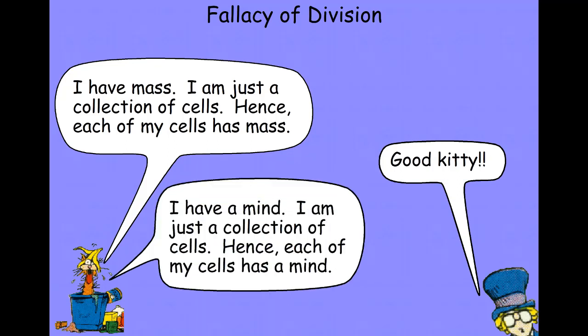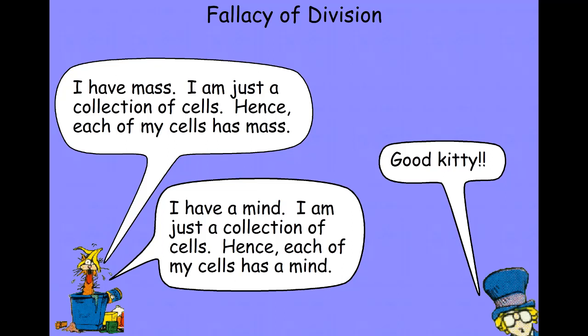However, if your cat said something like this, I have a mind, I'm just a collection of cells, hence each of my cells has a mind, that is a fallacy of division. So a property that you have as an organism with a central nervous system and so on isn't obviously a property that's had by the individual members of your body, the collection out of which you are composed.